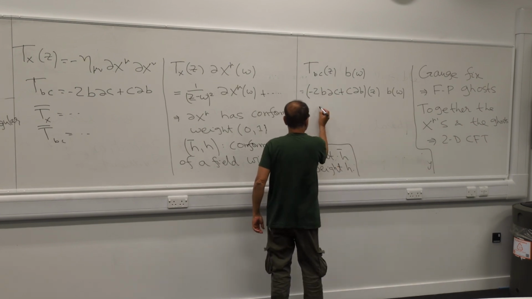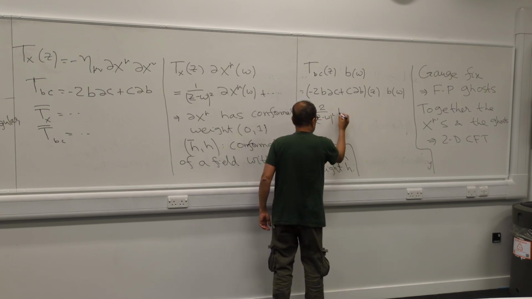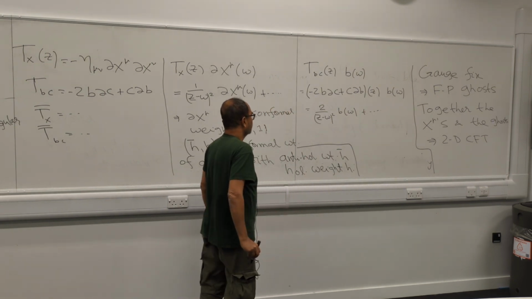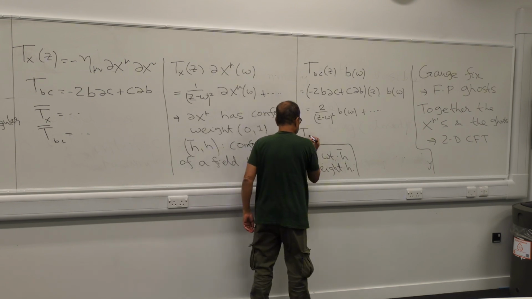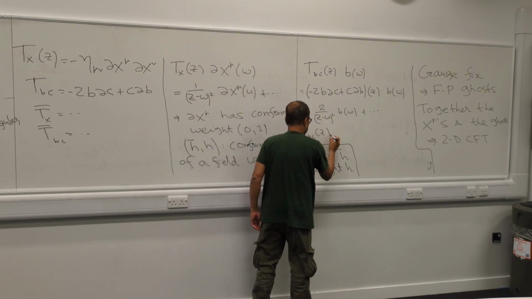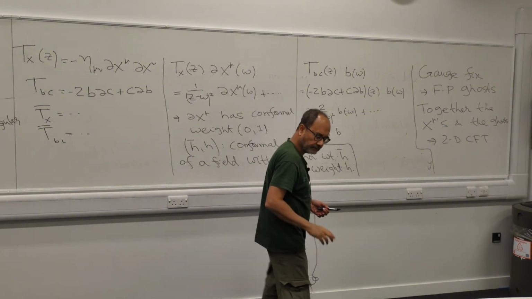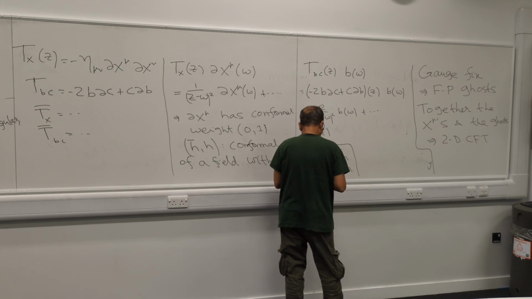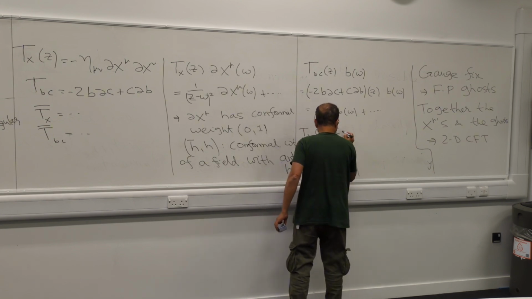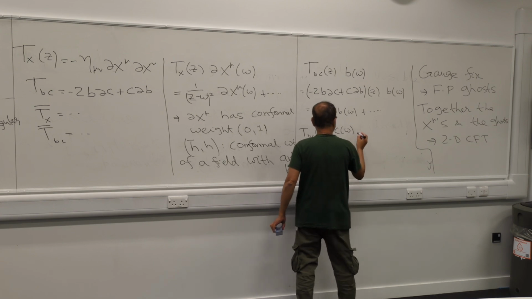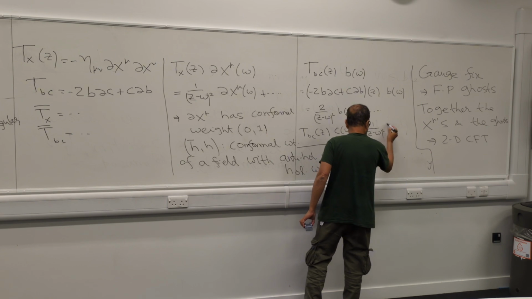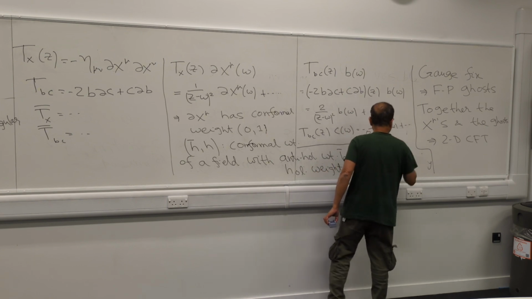So this gives you 2 over z minus w square b of w plus lower order terms. Similarly, T_BC of z with c of w gives you minus 1 over z minus w square c of w plus rest.